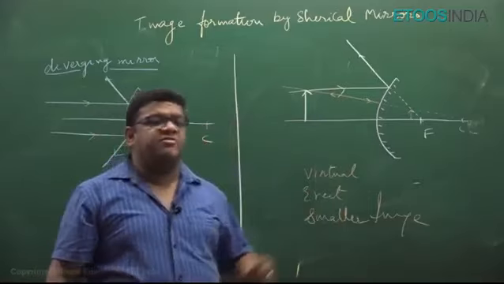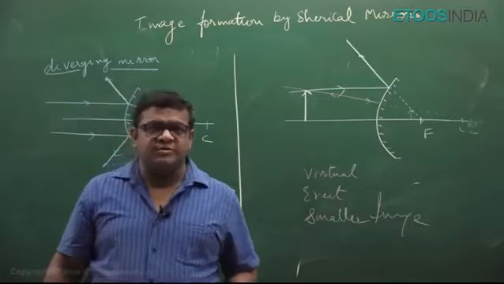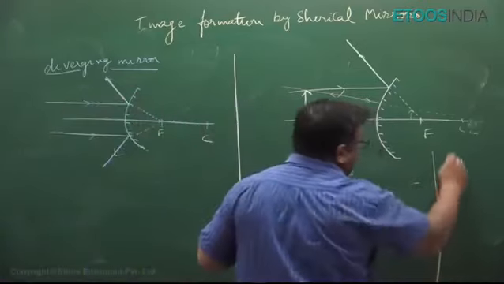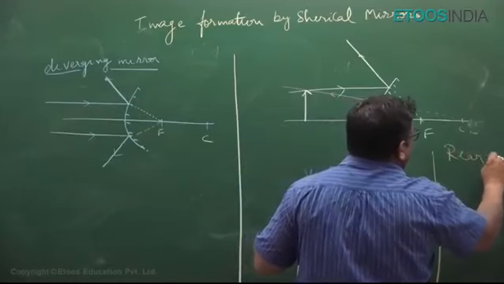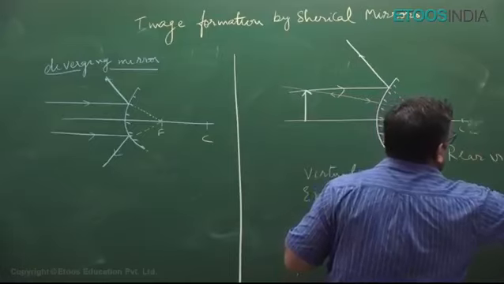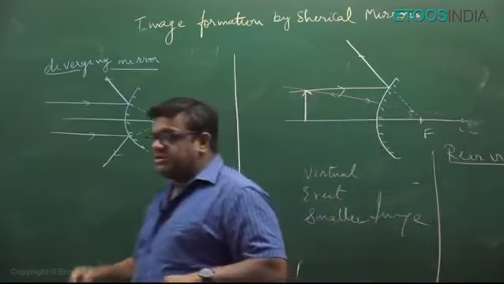Now, do you have any idea where this technology or this specific principle can be used? I'll tell you. You must have seen rear view mirrors. What happens in case of rear view mirrors?